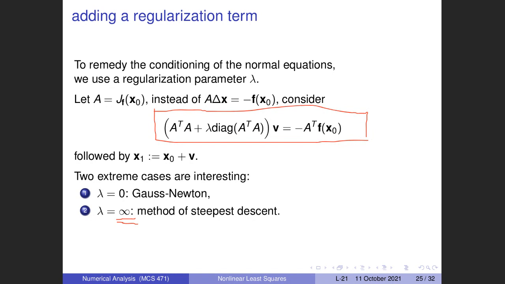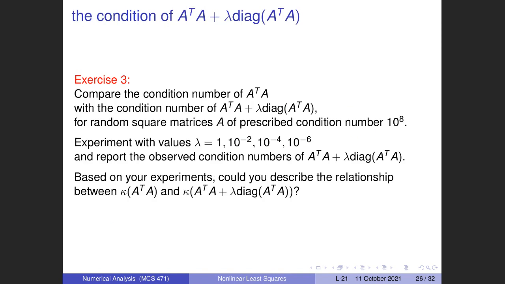The exercise will invite you to explore good values. The normal equations are quite good to use for small, well-conditioned problems, and with the Cholesky factorization, we have the very fastest method for small problems.